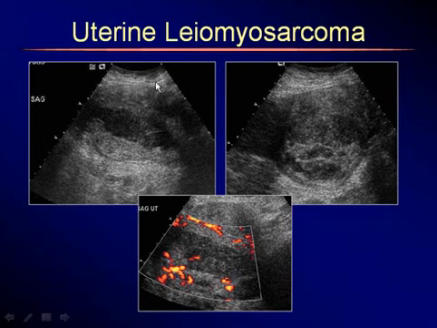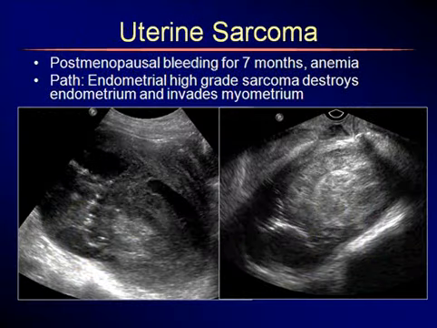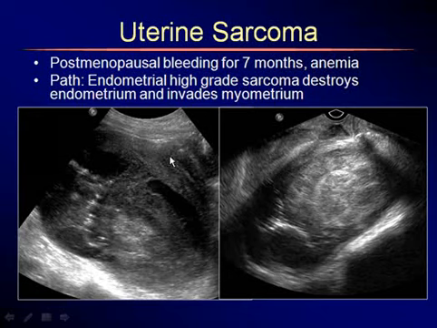Another example here, this was a 60-some-year-old woman with bleeding and a very heterogeneous mass, cystic and solid elements in the myometrium, invading now the endometrium, and this was a leiomyosarcoma. In the differential is endometrial sarcoma. It can look very much like a leiomyosarcoma. This is an unusual situation. The tumor begins in the endometrium.